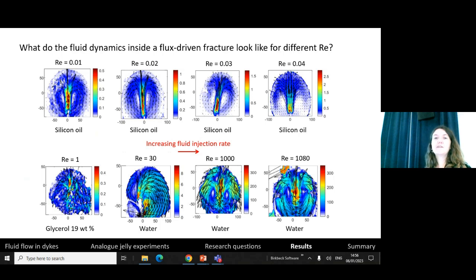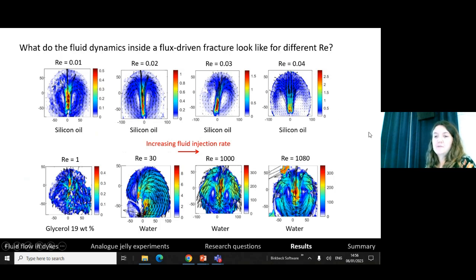There's a centralized high velocity jet just above the injector, which then, once the fluid reaches the dike tip, recirculates and spreads laterally. This distributes the pressure so that the dike can grow laterally as well as upwards. Although they all recirculate, there are different degrees of recirculation for each experiment.